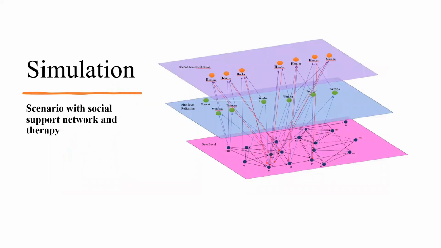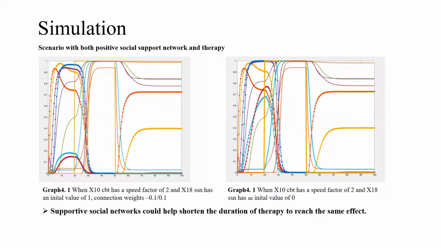And this is, is it the final? Yeah, the final. Positive social network and therapy. So this one is with therapy and with social network. So we can see that they both kind of reach a similar effect at the end. But what is different is these are the rumination thoughts and the negative mood.